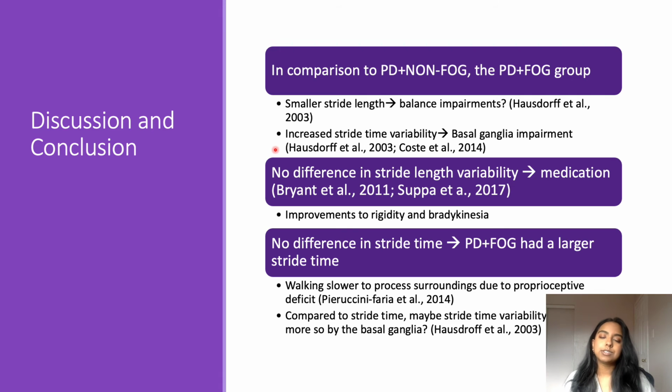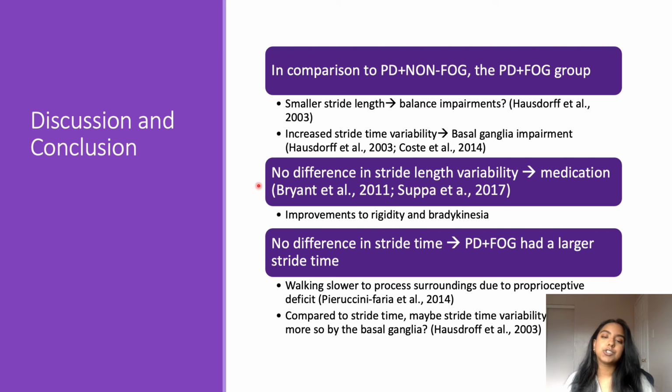We also found that there was increased stride time variability in the freezers, and this may be because stride time variability has been said to be modulated by the basal ganglia, and so the more impairment we see with the basal ganglia may mean there is increased stride time variability as well.